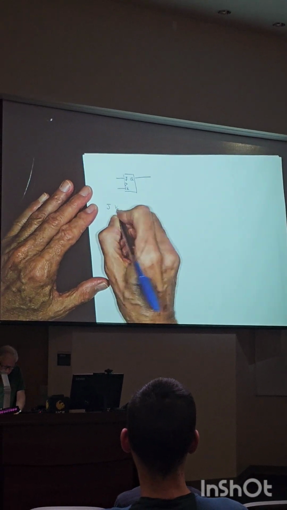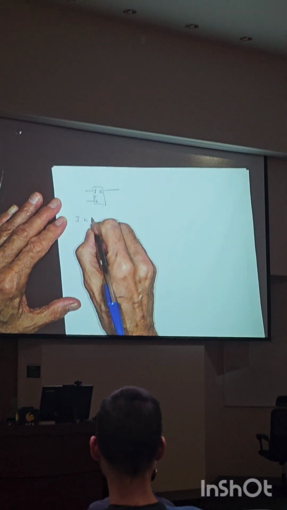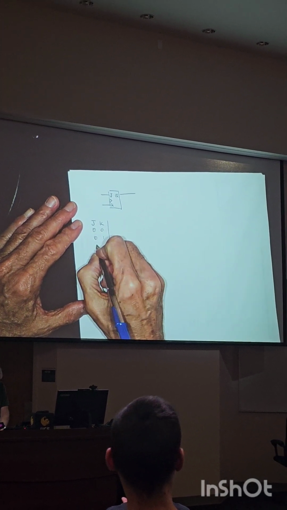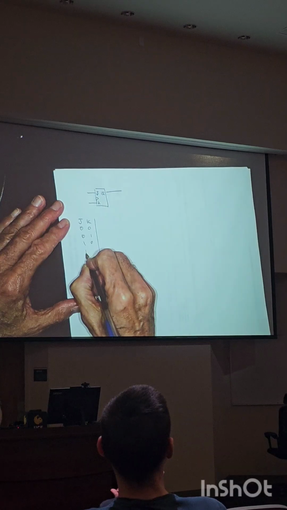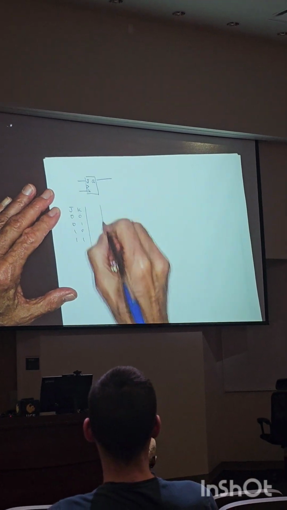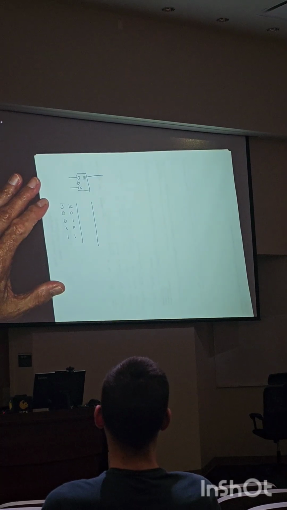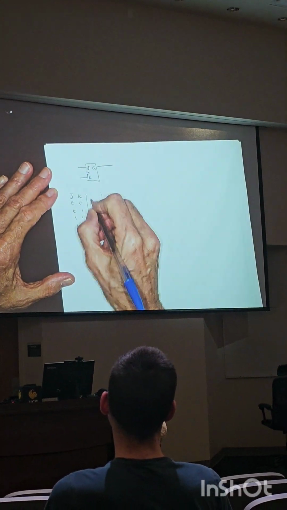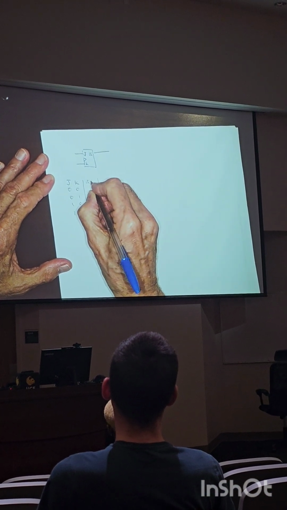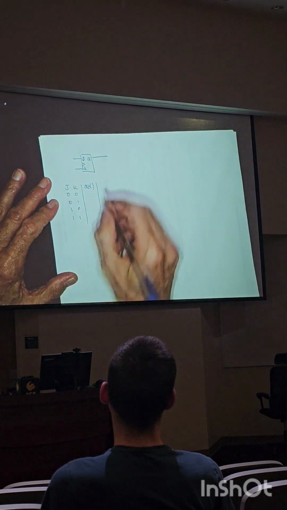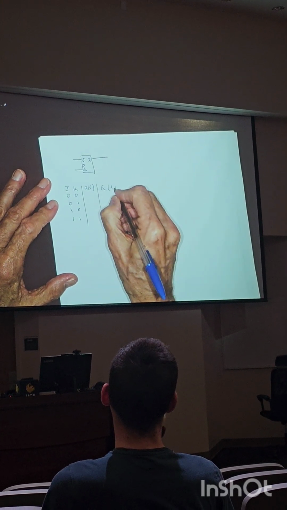So let's say, 0, 0, 0, 1, 1, 0, and 1, 1. If we have a value there at time t that we call q t, we have a value here at q t plus 1.